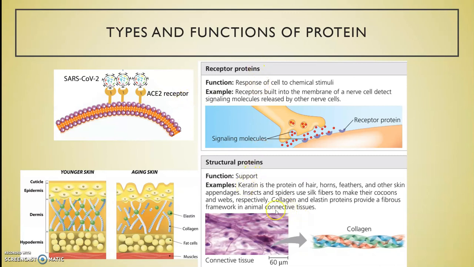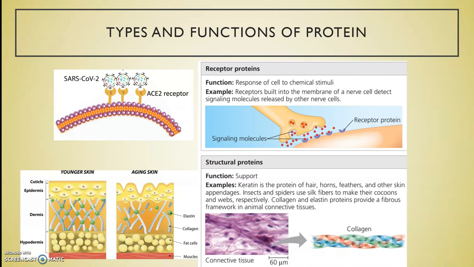Okay? Next function pala is for support, for structural. Okay? So, one good example is your keratin found on your hair, horns, feather, and sa kuko natin. Okay? So, yung buhok natin is composed of protein din.